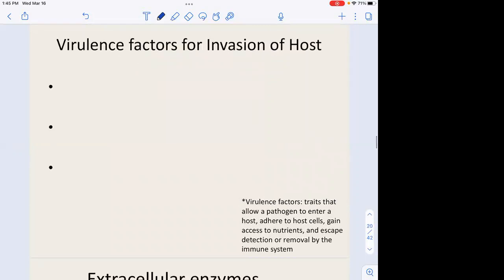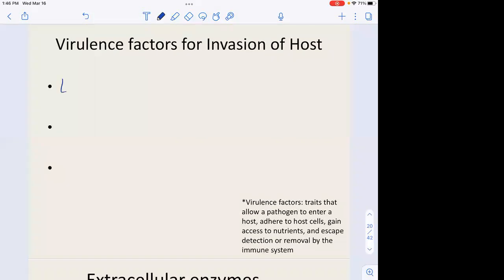All right, so most bacteria have other tools then, which we'll call virulence factors, that help them be successful at maybe further invading the host. So we're going to talk about 3 different kinds of virulence factors for invasion: extracellular enzymes.